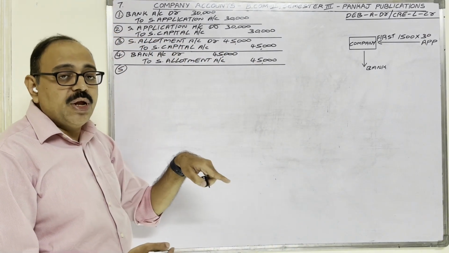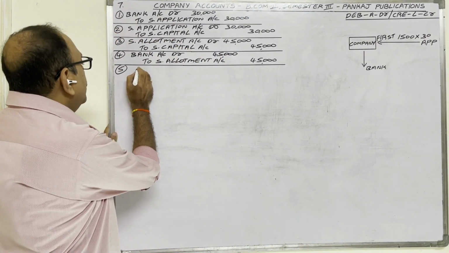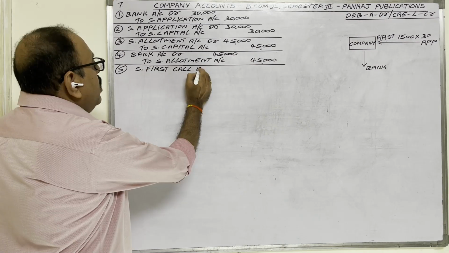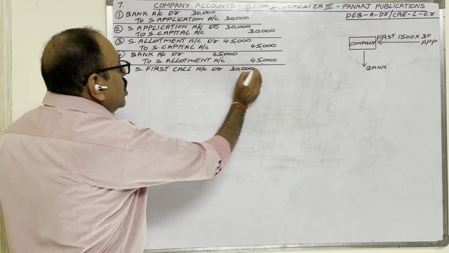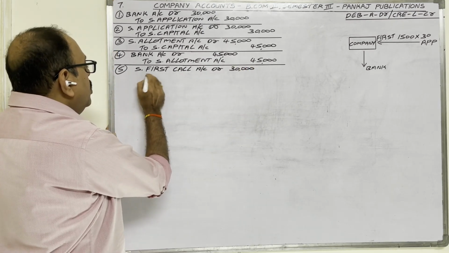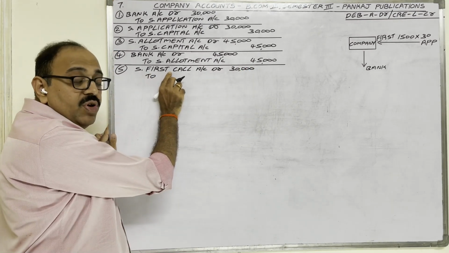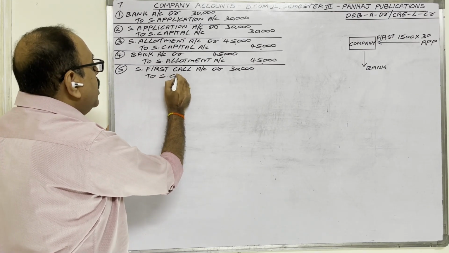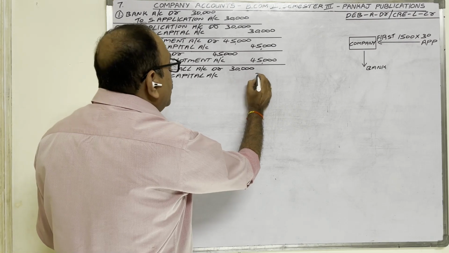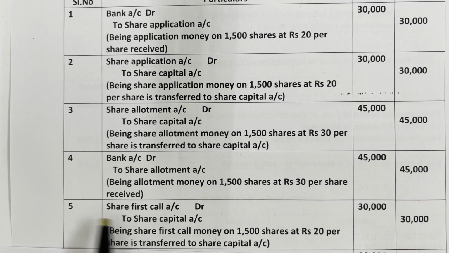Instead of debiting applicants' names, we debit share first call account. Share first call account debtor. From applicants 30,000 rupees should come now. Write down that amount. This amount we want to transfer to share capital. Therefore, credit share capital account. Amount same, 30,000 rupees. Fifth entry, share first call account to share capital account.